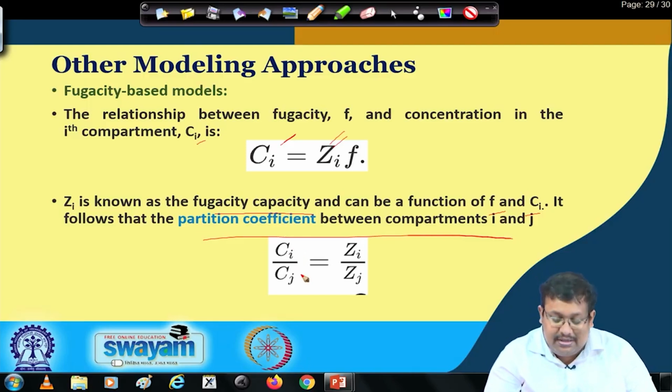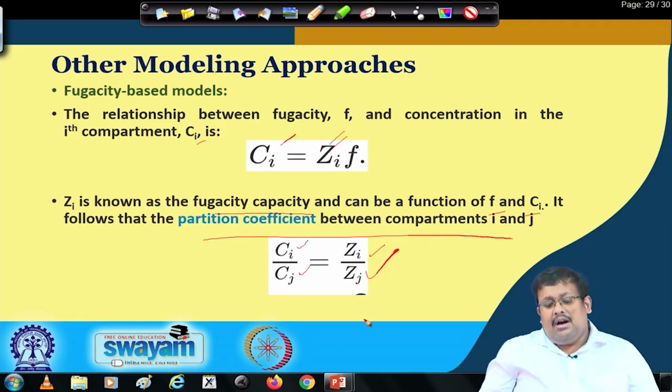So, if there are two compartments, the ratio of concentration of compartment i and compartment j is the ratio of fugacity capacity in compartment i and compartment j. So, this is the mathematical representation of fugacity based models.